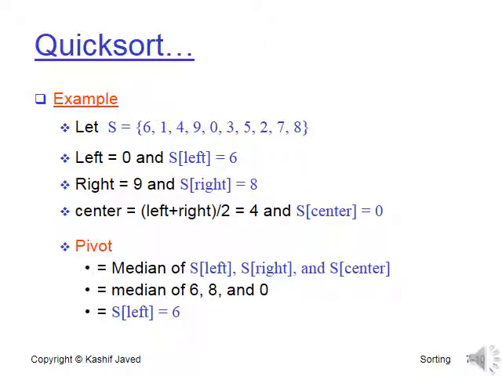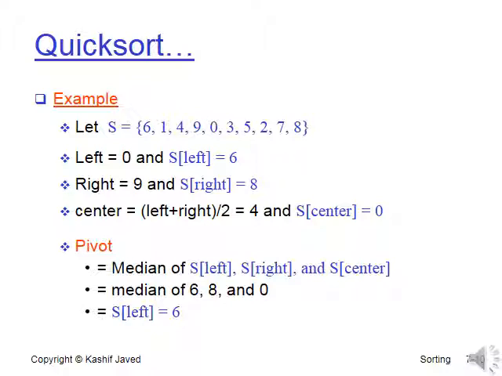In order to better understand Quicksort, let's take a look at an example. Let an array or list S equal 6, 1, 4, 9, 0, 3, 5, 2, 7, and 8. For sorted array S, the leftmost value will be 0, and for unsorted array S, the leftmost value will be 6.